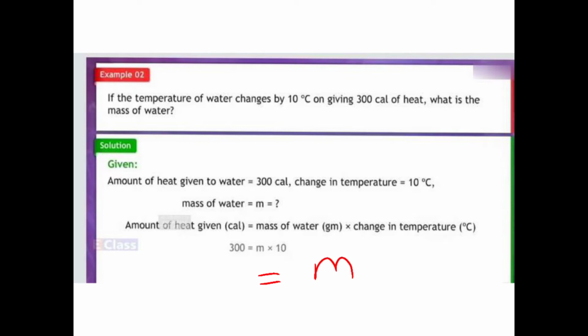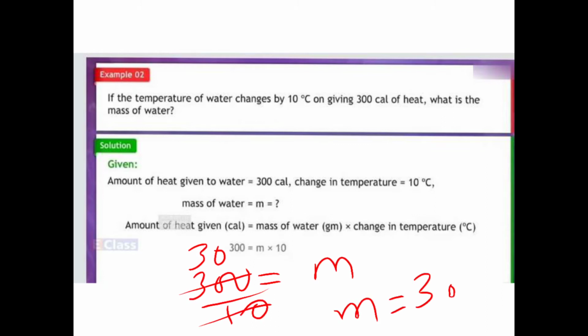See m I'll keep here 300 and this 10 is in the multiplication on the right hand side. So when it will come to left hand side, it will become in the denominator. So we'll have 30. So your mass will be 30, but it will be in grams. So 30 grams of water is there. So this becomes your answer. Clear?